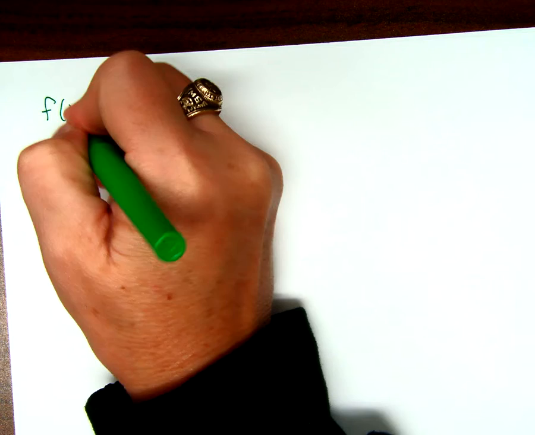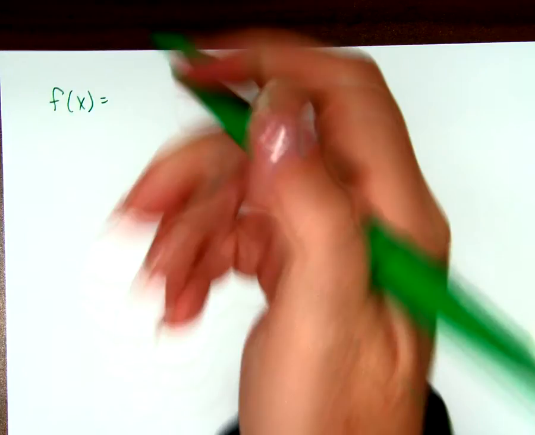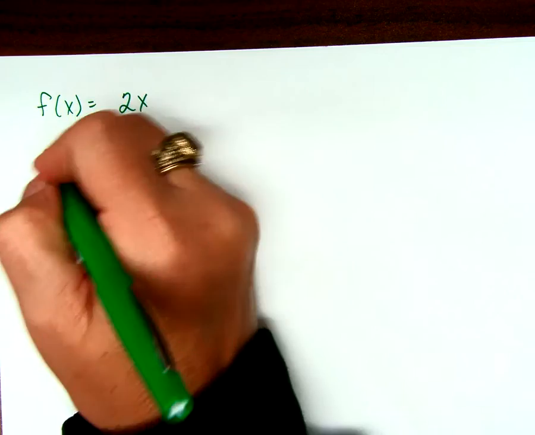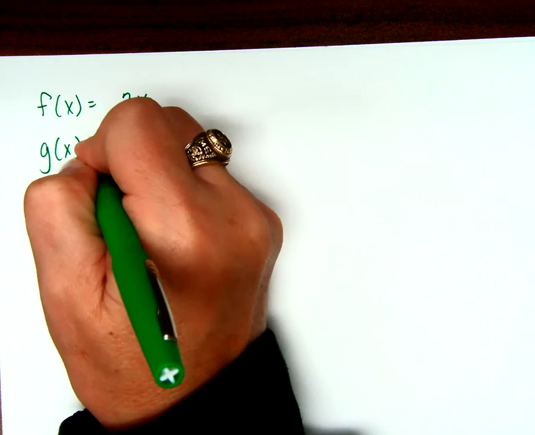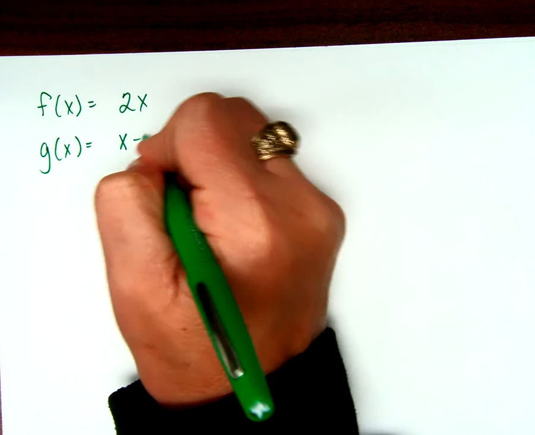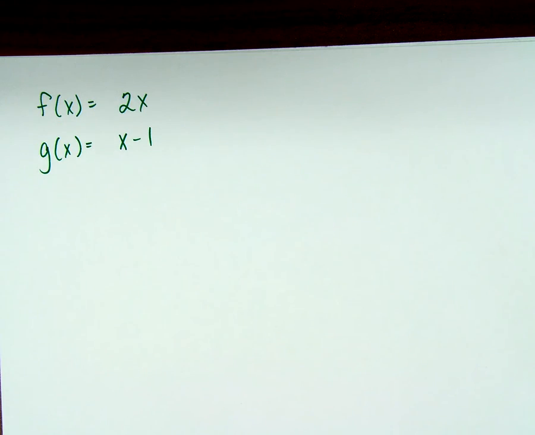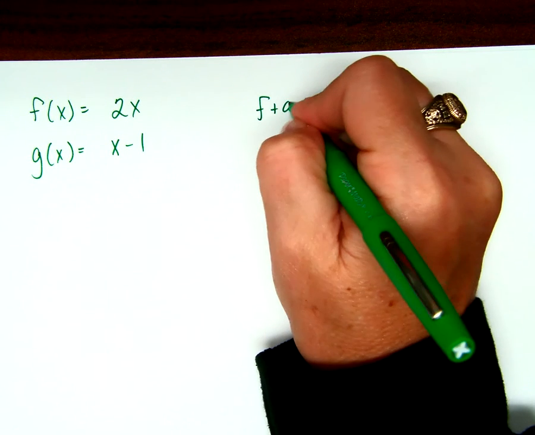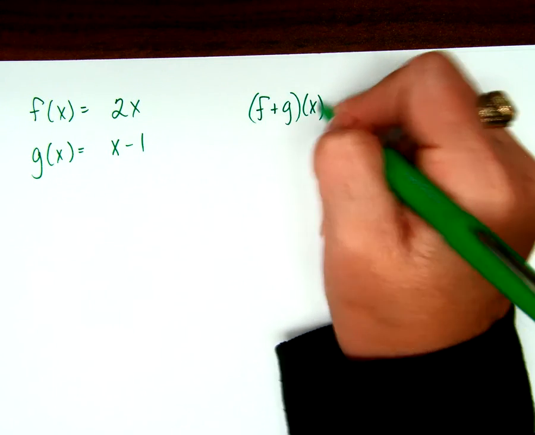I'm going to say f of x equals 2x, and g of x equals x minus 1. So the first thing I want you to find is f plus g of x.